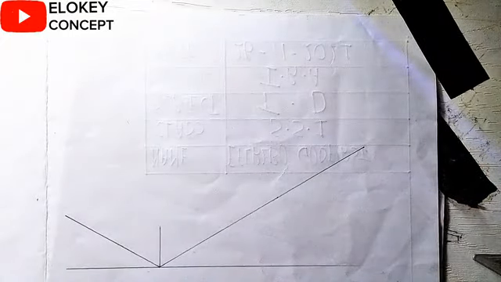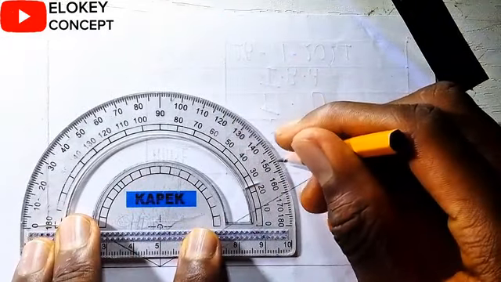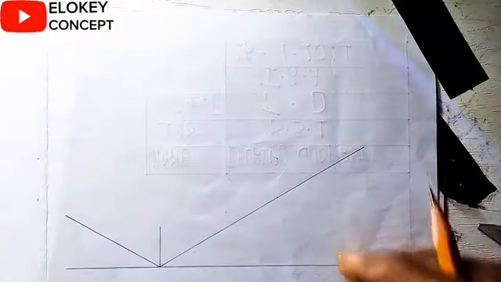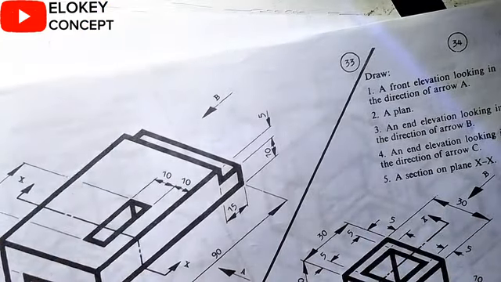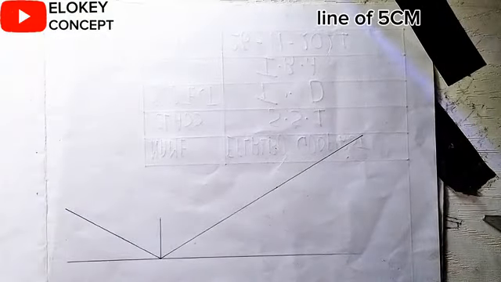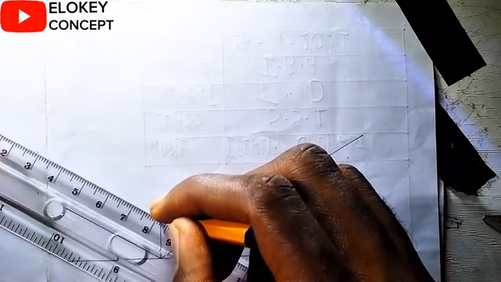Good. Then we take the parts here. So let's first draw this part here of 5 cm, which is the total with 5 here. Let's draw this part using this projection we have.